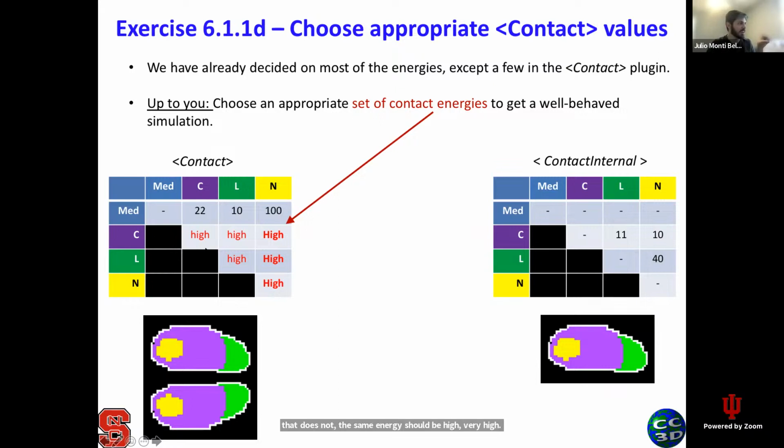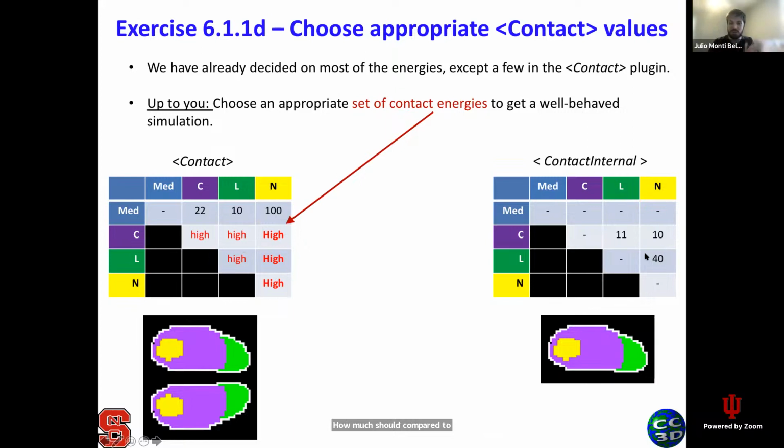And that the other external contact energies between the cells and everything else should also be high, but maybe not as high as the nucleus, okay? So now I'm going to leave this part up to you. We had that this should be very high, this should be some kind of high, maybe not as high as before, but I didn't specify how much they should compare to these ones.